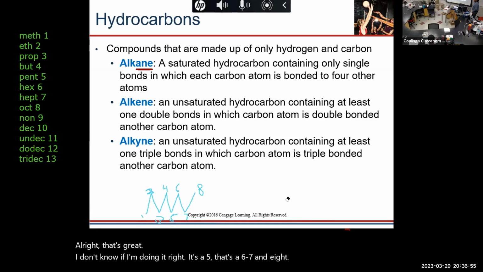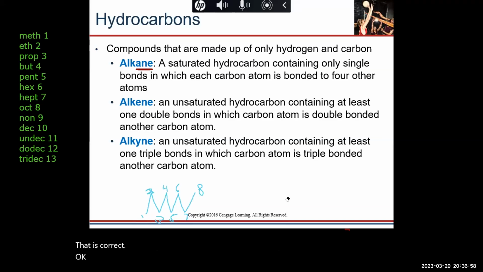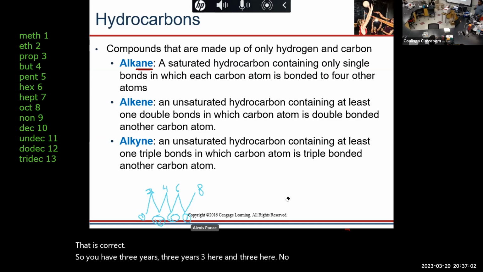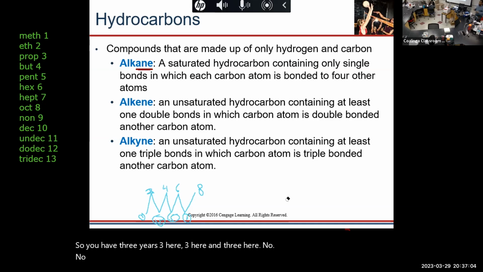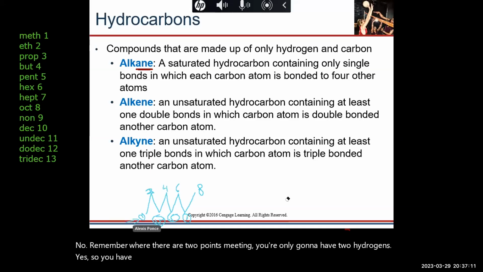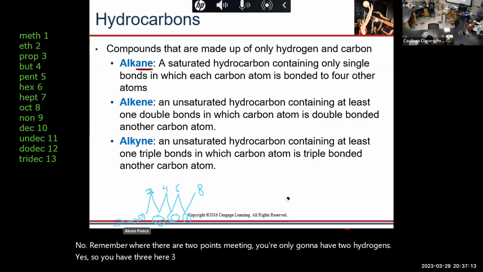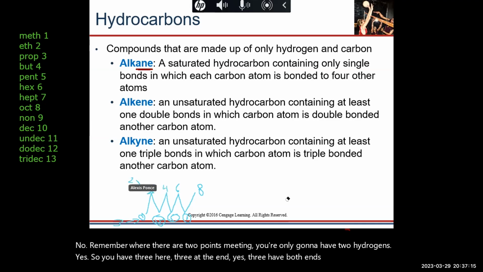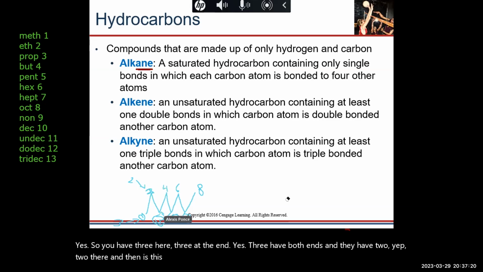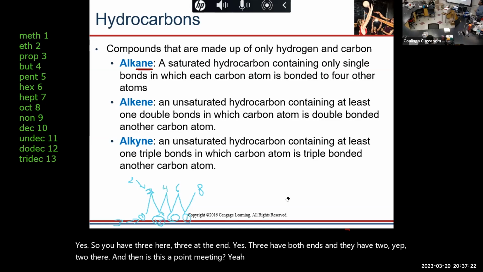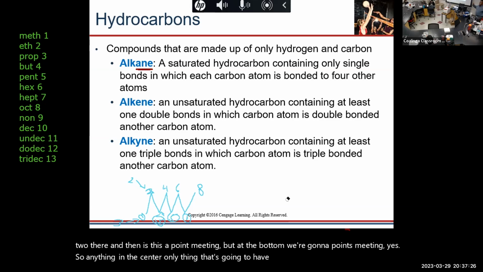That is correct. So you have 3 here, 3 here, 3 here, and 3 here. Remember, where there are 2 points meeting, you're only gonna have 2 hydrogens. So you have 3 at both ends, and then you have 2 here, 2 there, and the ones at the bottom. Anything in the center, the only things that are gonna have 3 are your ends.